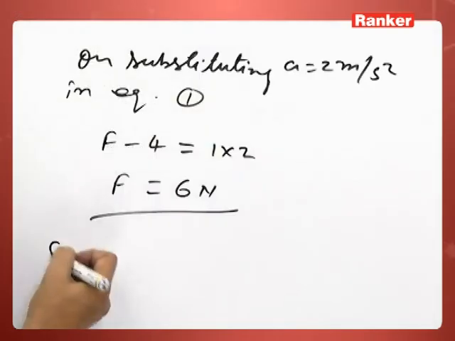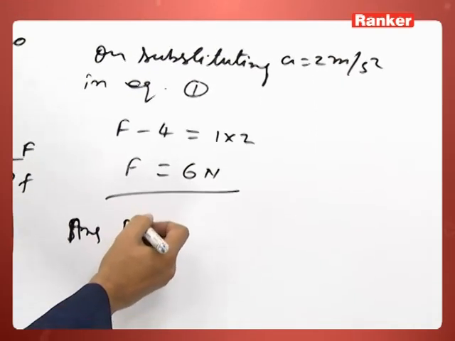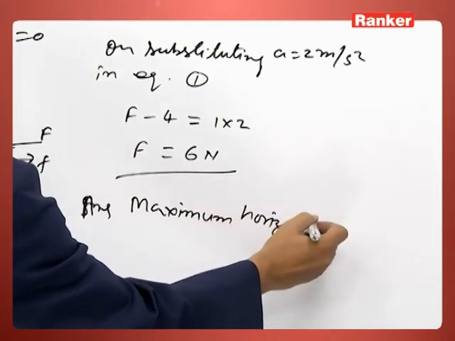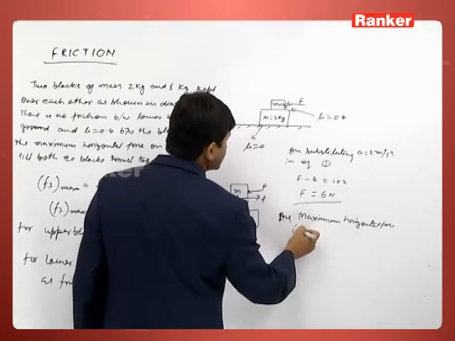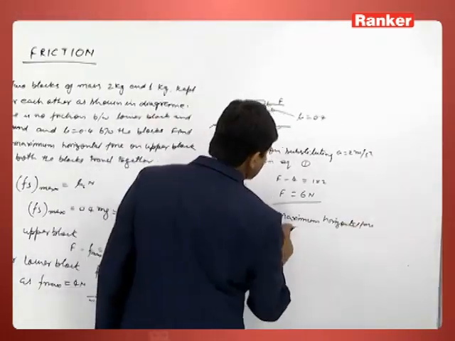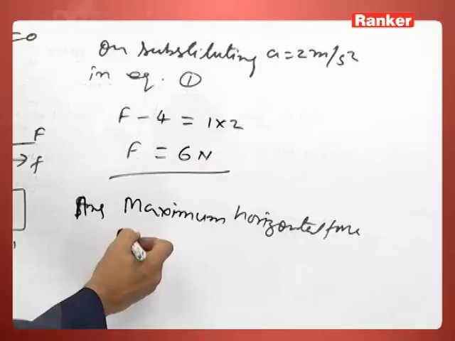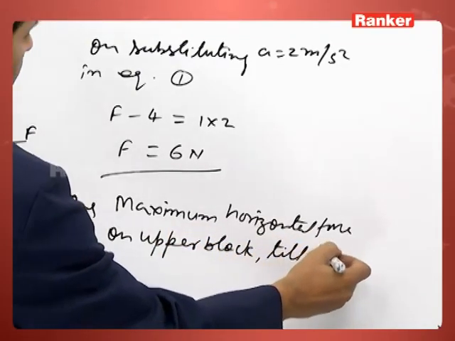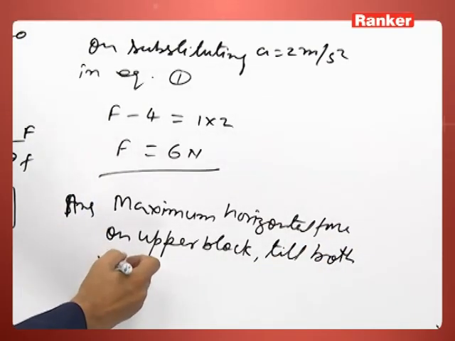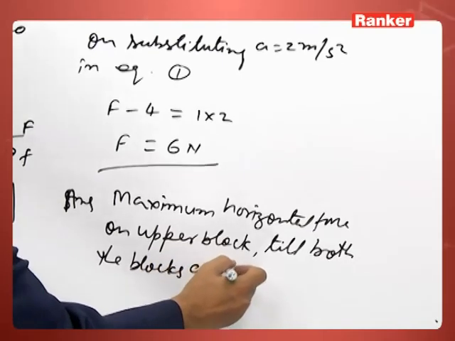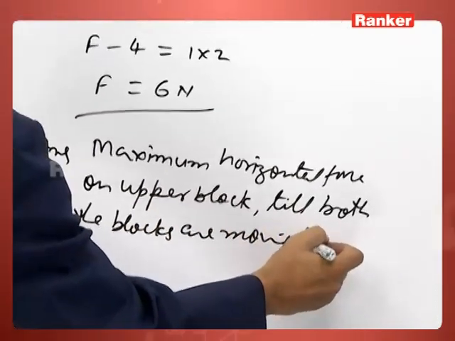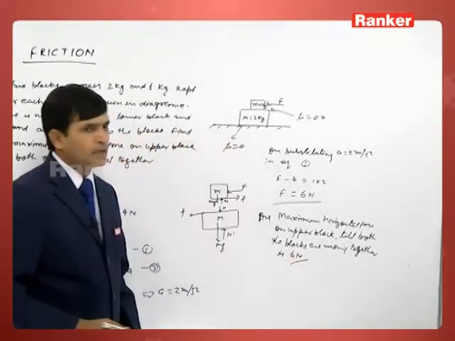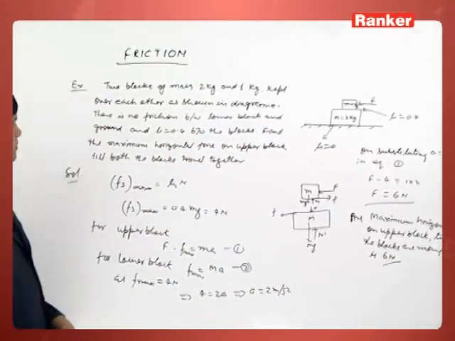So the answer we can write: the maximum horizontal force on the upper block till both the blocks are moving together is 6 Newton. This is the answer of this part.